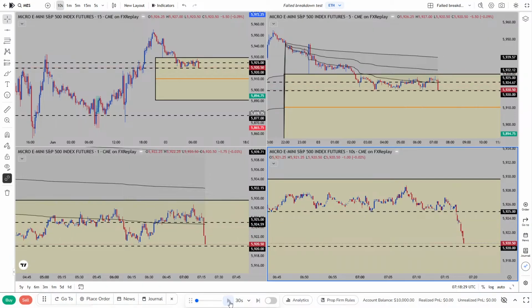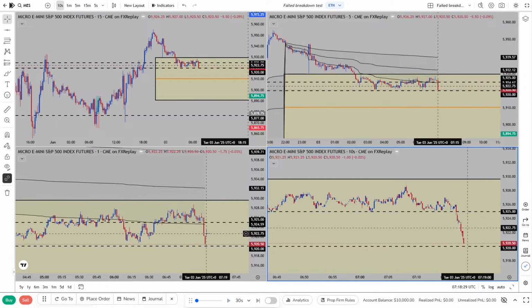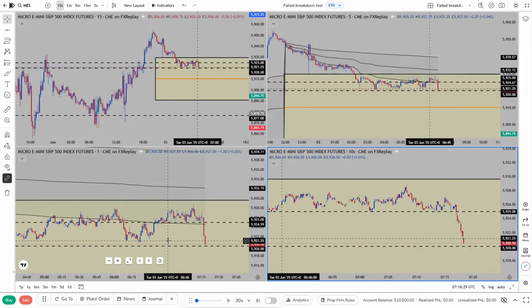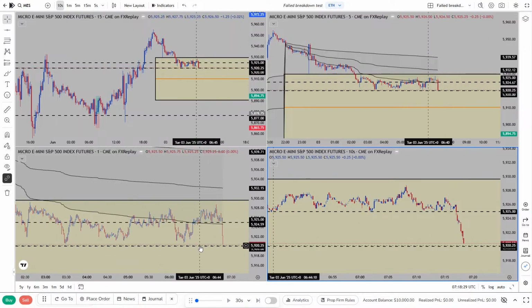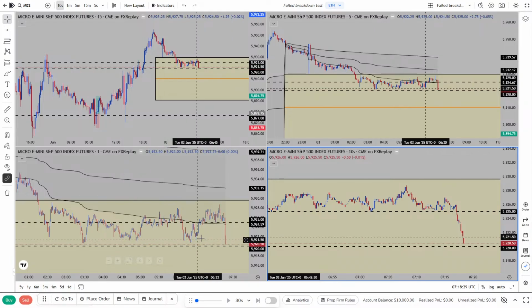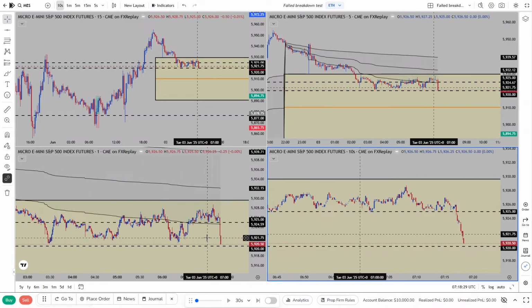Okay, there we go. We see now the expansion of the volatility here. Possibly it's gonna take this shelf of lows, and then we can enter about here again.